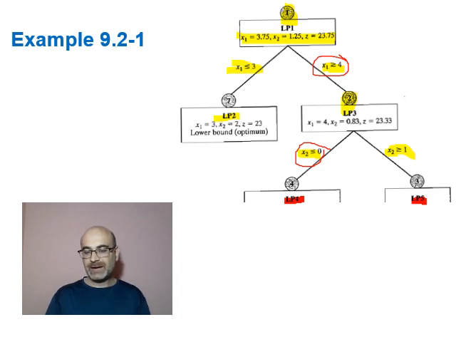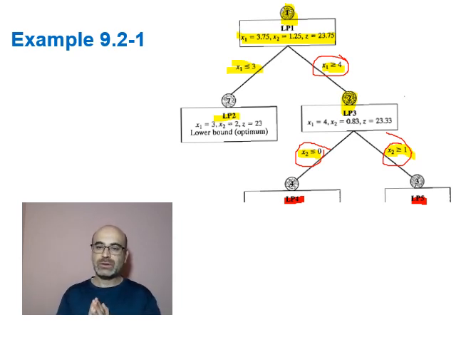And in LP5 we have x1 greater than or equal to 4 plus x2 greater than or equal to 1, both of them. Now, what happens at this step? We have LP2, LP4 and LP5. We didn't make any decisions for these LPs yet.